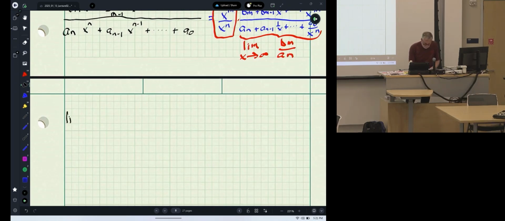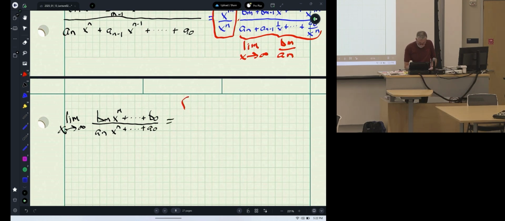Hence the limit as x goes to infinity of b_m x^m plus b_0 over a_n x^n plus a_0.